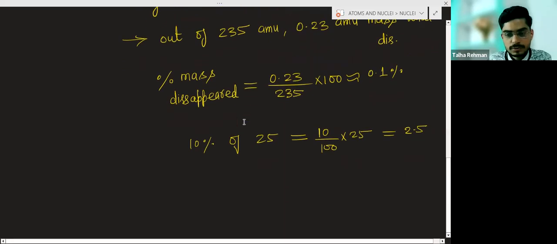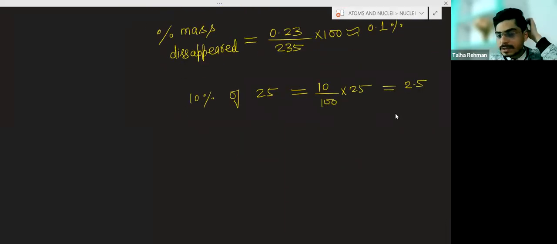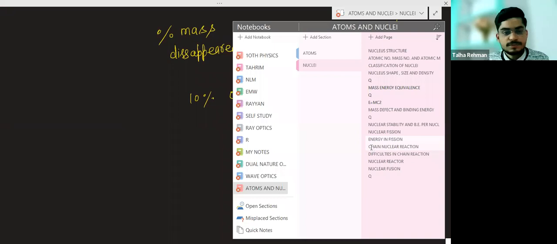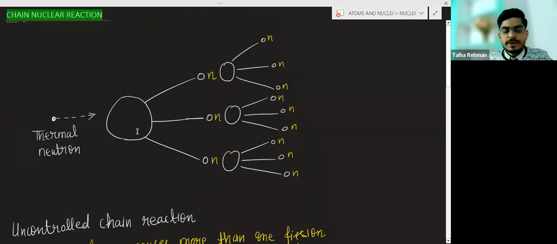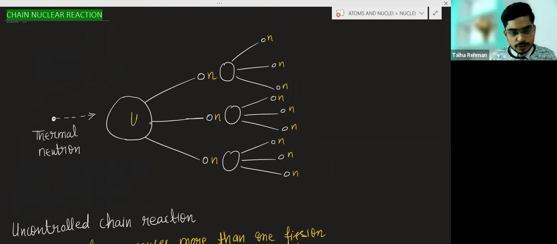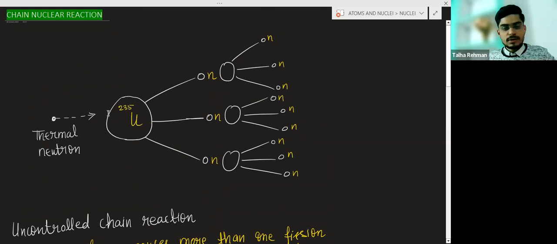Okay. So now we will discuss the chain nuclear reaction. So what is a chain nuclear reaction? Here is a thermal neutron. This thermal neutron is entering into the uranium-235, and fission of this uranium-235 will take place, and 3 neutrons will release.